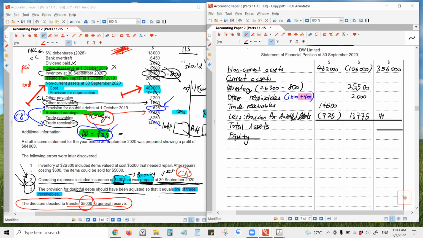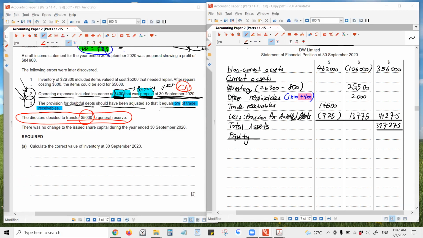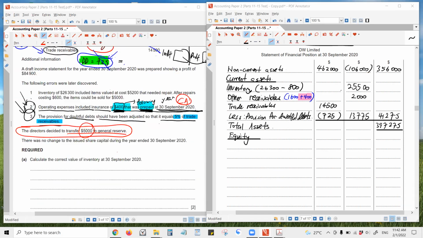$41,275. Okay, then the equity, very easy. Just copy and paste from the last row of the table, the SOCIE table.